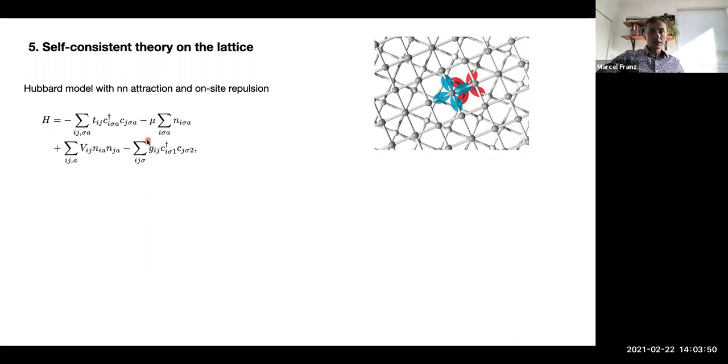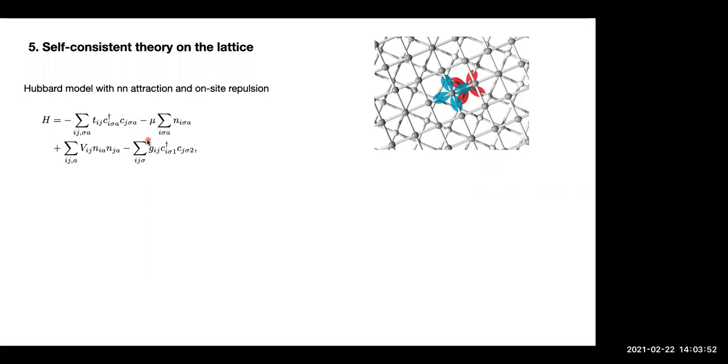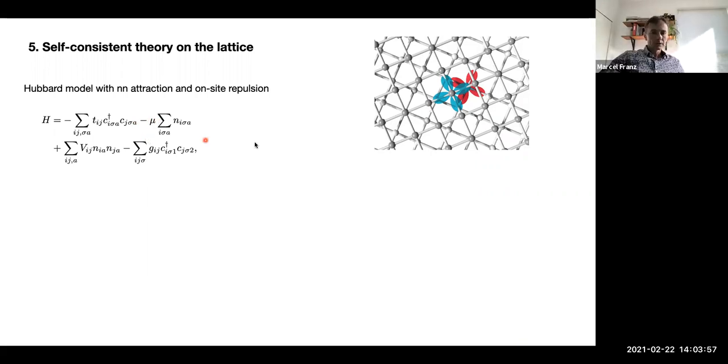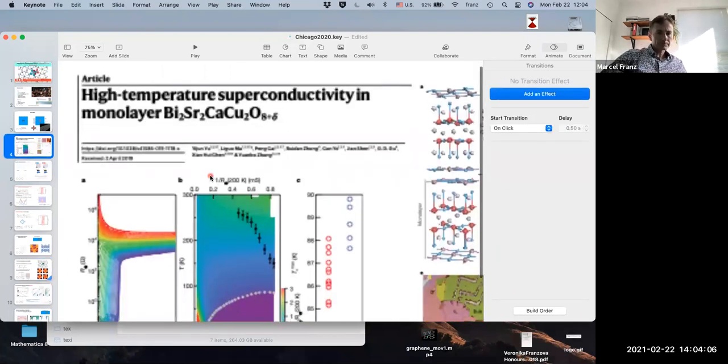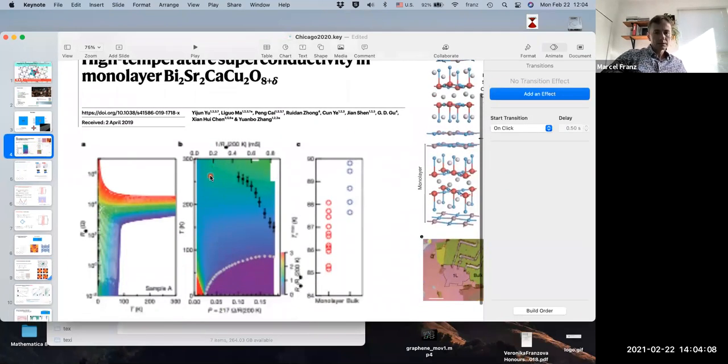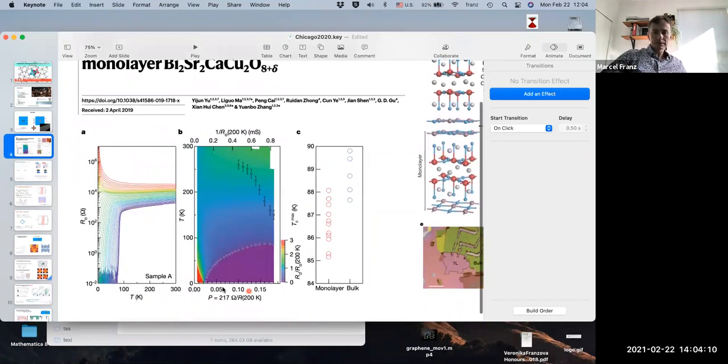model. But in real materials, is there any idea what the doping is? Yeah. So I can go to this slide again. This is the doping axis, right? 0 here means half filling, and there's no superconductivity at half filling.